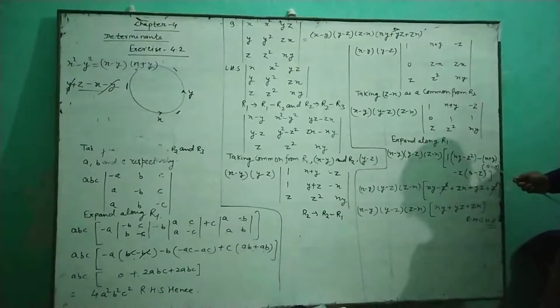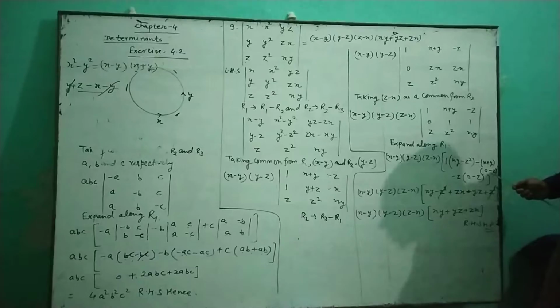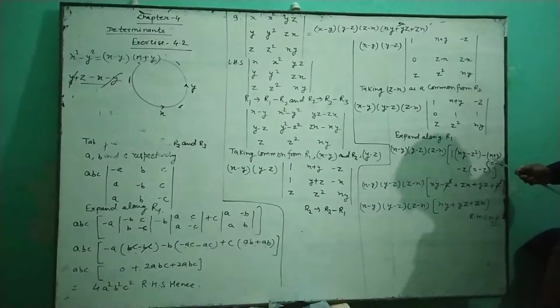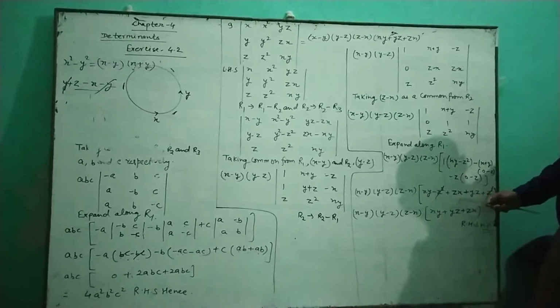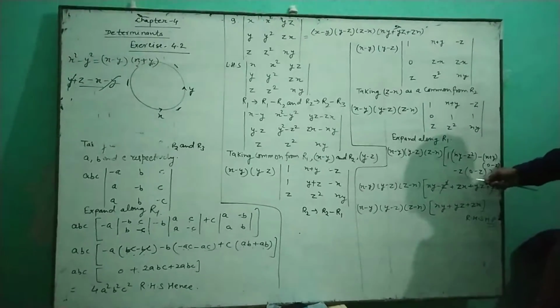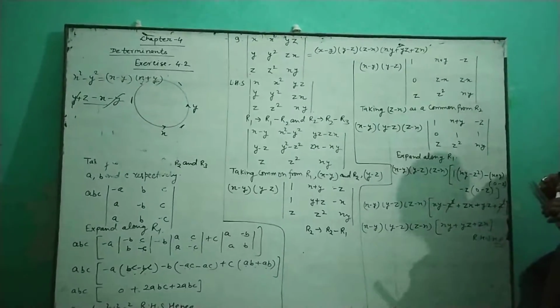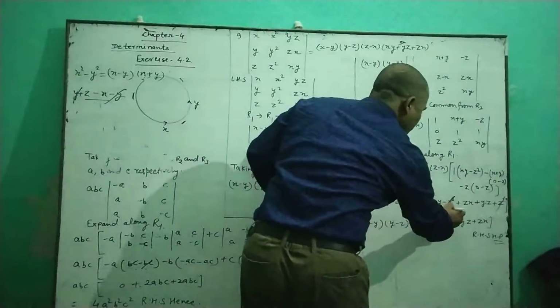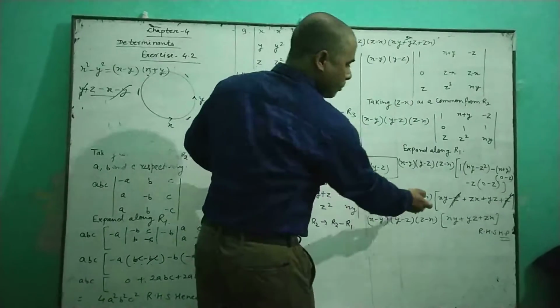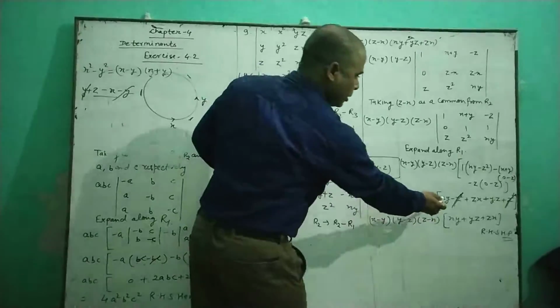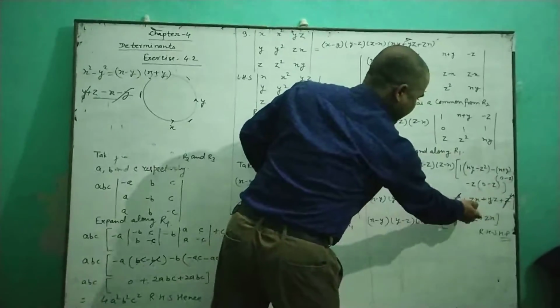And after that, minus z, 0 minus z, it means minus z into minus z, plus z, multiplied by zx plus yz. We get zx plus yz, and minus z plus z square. So this one is z square, and z square is cancelled out. We have xy, zx, yz. Now we write in sequence form: xy, then yz, then zx.